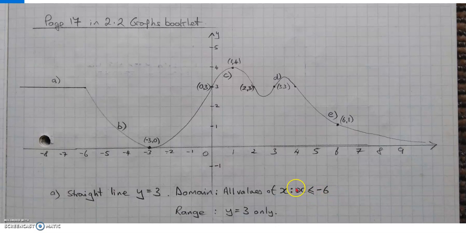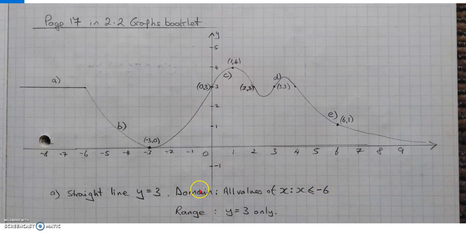There's -6 there, so all those x values below -6, the line can be drawn for, but it stops at x equals -6. So this statement says that all the values of x are in the domain such that x is less than or equal to -6.